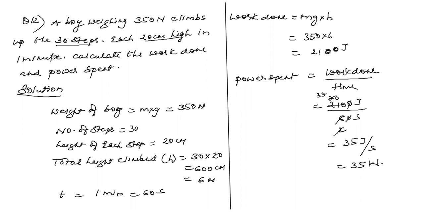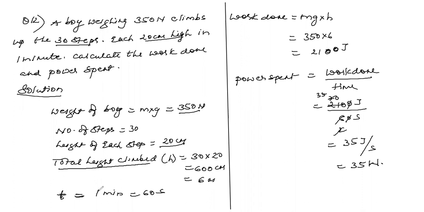Calculate the work done and power spent. So the weight of the boy is mg, 350 Newton. Number of steps 30, height of each step 20 centimeters. The total height climbed is 30 into 20, 6 meter. And what is the total time taken?